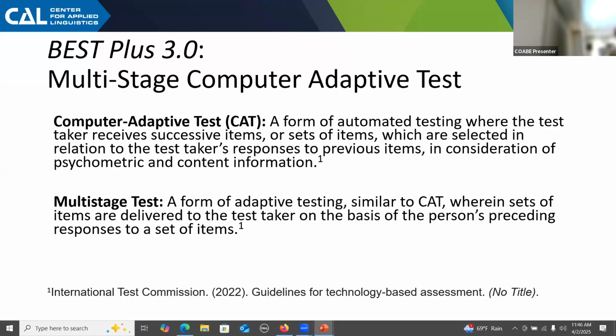The underpinning mathematical model is called item response theory, or IRT, and that's what enables this automated scoring and the adaptive feature of the test. The multi-stage component of it, I think, works quite well for this testing scenario because the examinee is not seeing the questions change after each question, they're changing in sets.